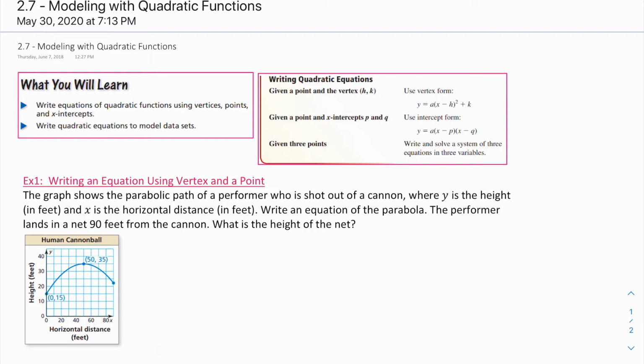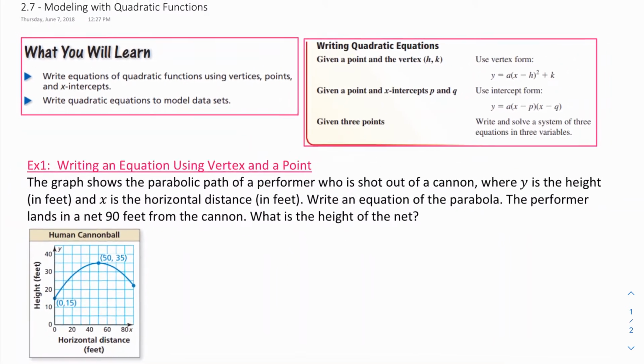Hello, this is Miss Parks, and in this video, we are going to cover how to write equations of quadratic functions. So you're going to be given some information, and from that information, you will write the equation either in vertex form or in intercept form, depending on what's given to you.